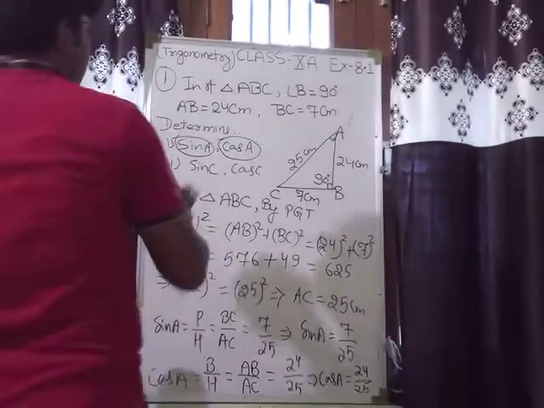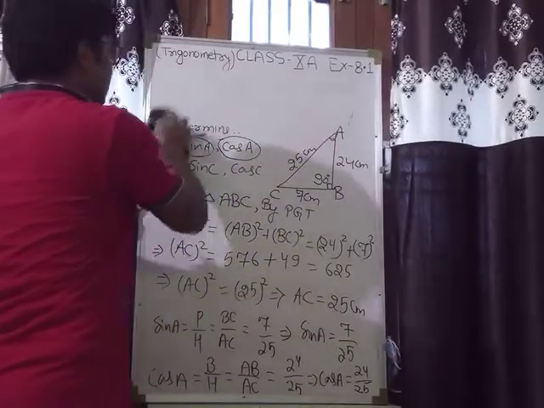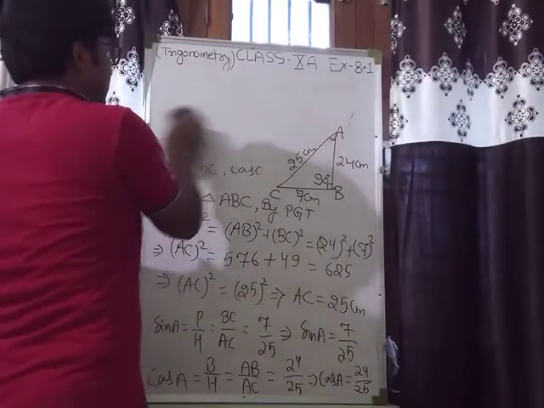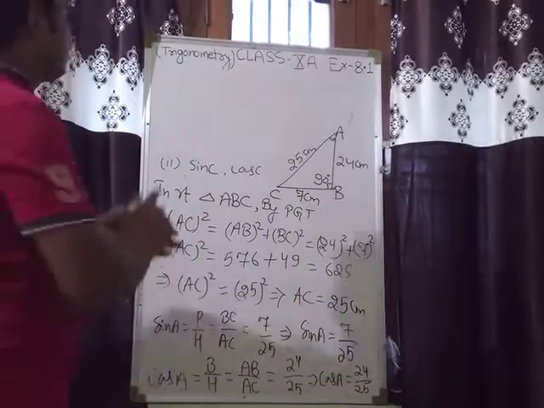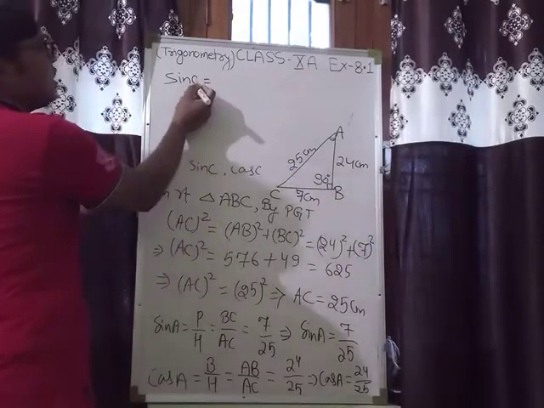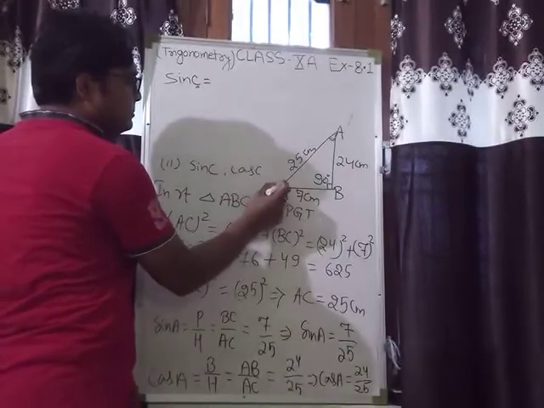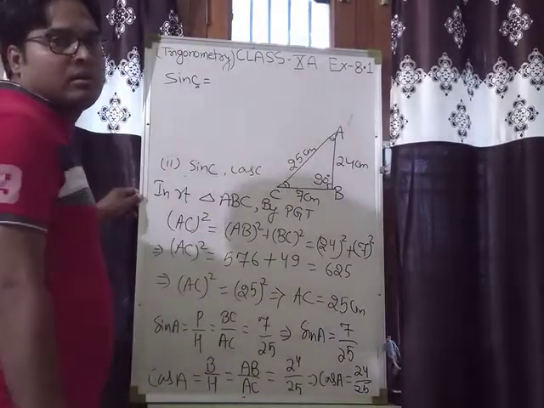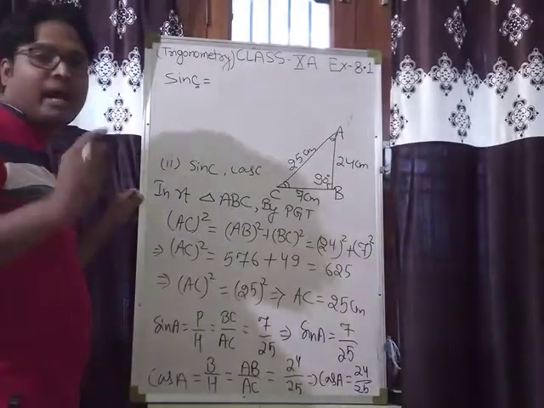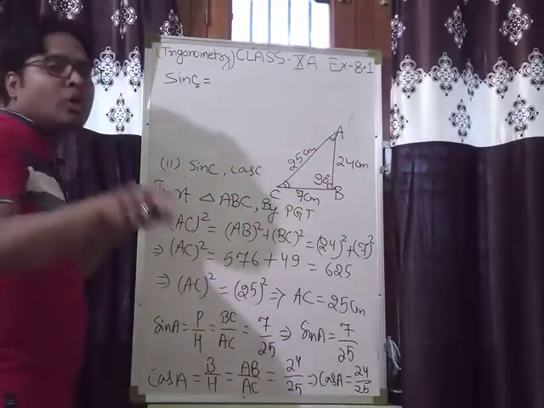Now I am going to find out sin C and cos C. Sin C. Now we are talking about angle C. Here is the angle C. Okay. Clearly the side opposite to angle C, that is AB, will be now perpendicular.